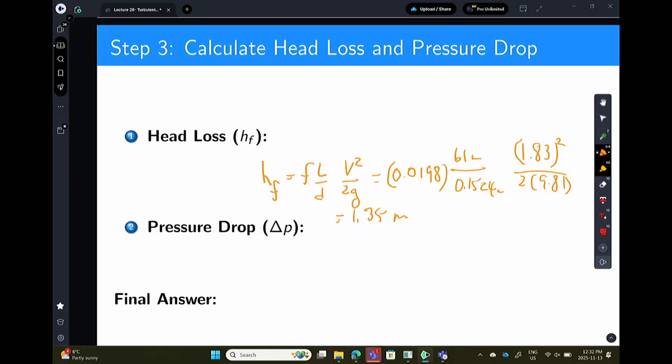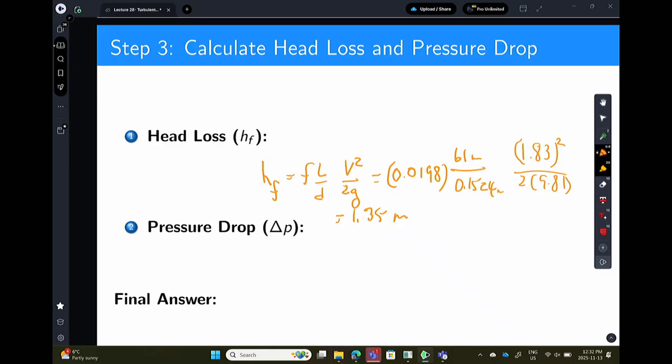And then you get a head loss out of that by just substituting back into the equation, f L over D V squared over 2g, of 1.35 meters. So 1.35 meters, I'm using the Moody diagram number they got.